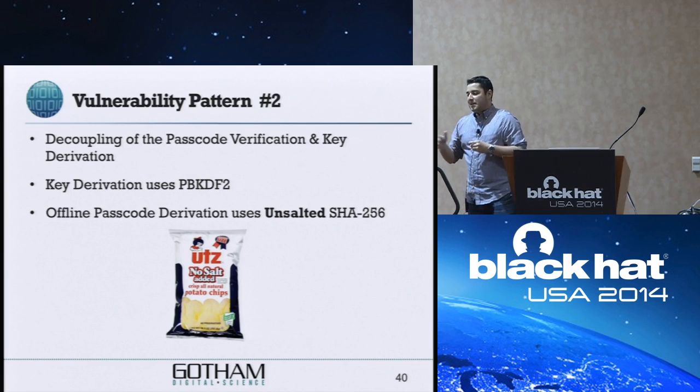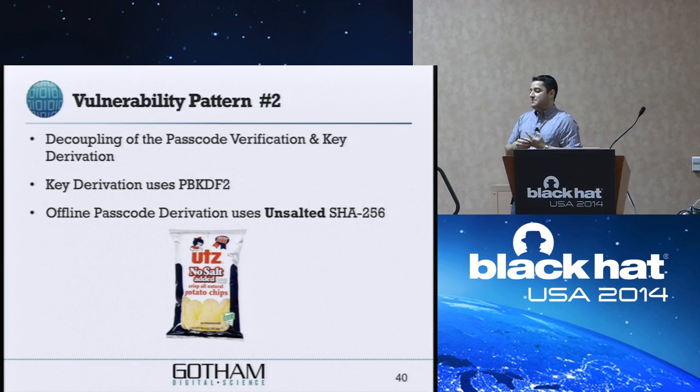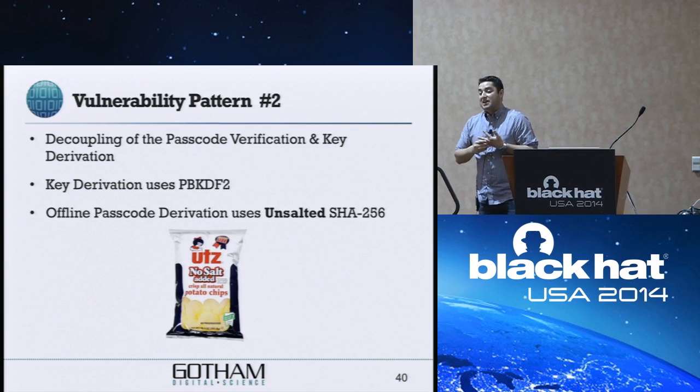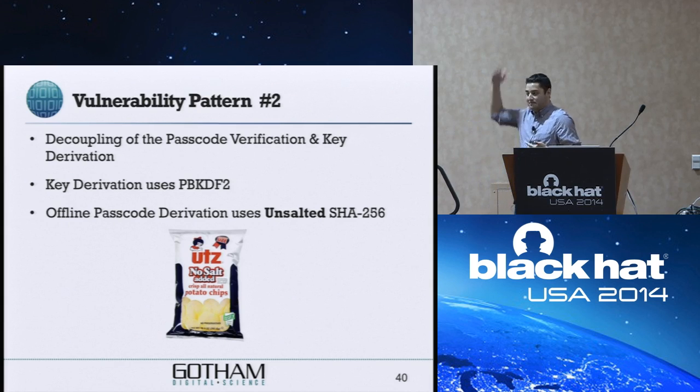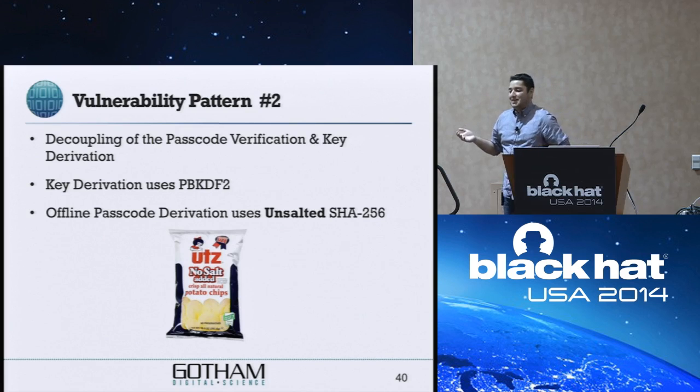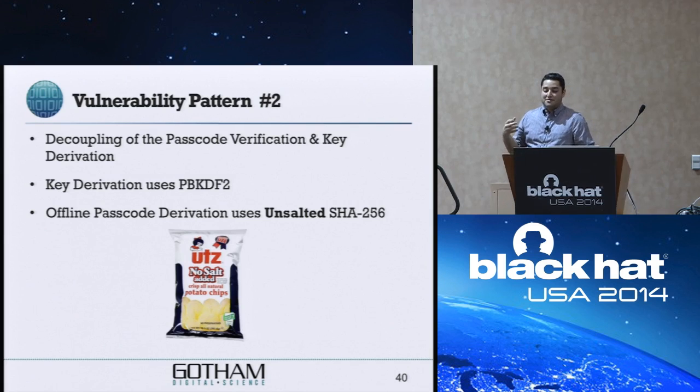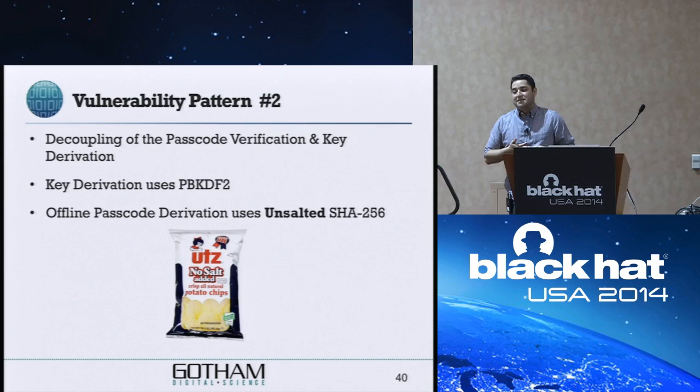Not all solutions do this, but sometimes enterprises actually use their Active Directory credentials as the passcode to their MAM devices, because they have those accounts, they have those passcodes already, they're maintained already, and it's just so they don't have to memorize multiple passcodes. So if I'm able to steal your device and do this really quick offline brute force, because it's unsalted SHA-256, and get access to your Active Directory, that's pretty terrible.